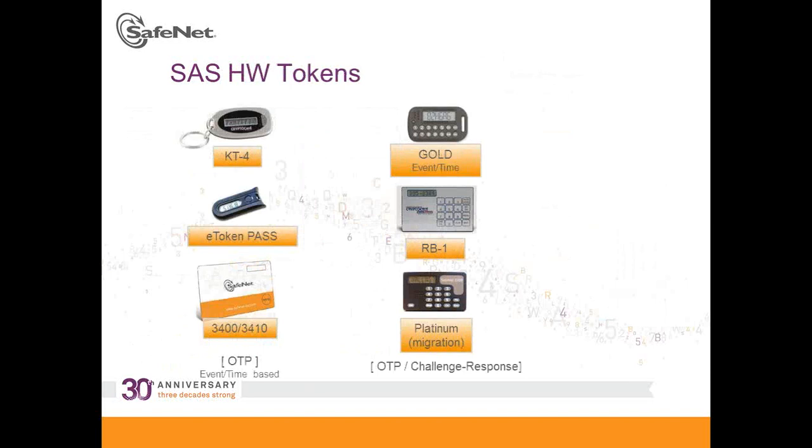We have our hardware-based token lines. So the top one on the left-hand side, this is a KT1 token. It has a dot matrix display. There are 8 characters in that display. This particular token has replaceable battery. It is only 1 battery inside that token, so if the battery does need to be replaced, the token will need to be reprogrammed, and there is an initializer that programs this token via infrared.